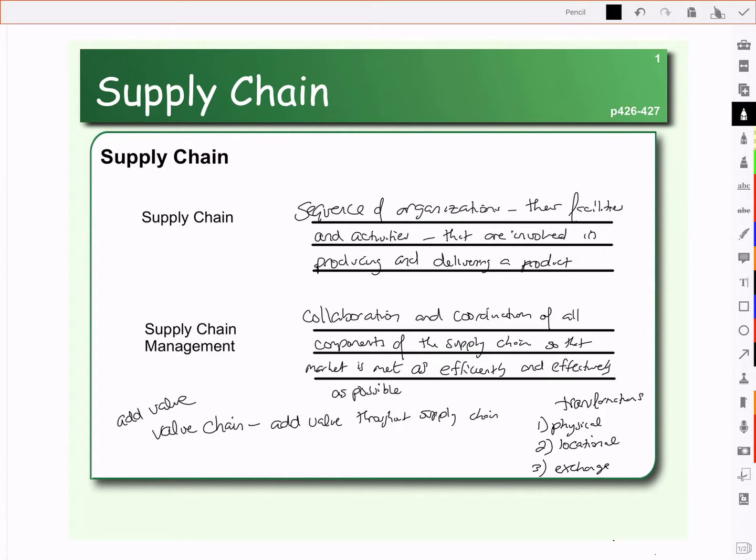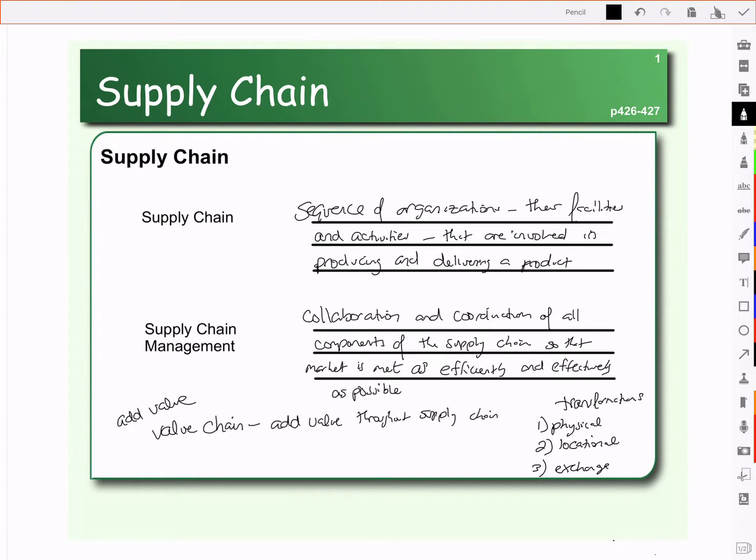Their value added is the fact that they are available for the customer to go in and get the product, return it if necessary. They're the one that's working directly with the customer. So you can see in a supply chain, a factory would have the physical transformation. They add value by making the product. Your distributors would be locational, and your retailer would be exchange.